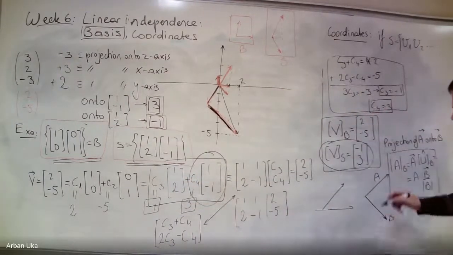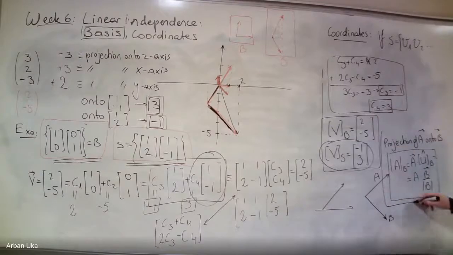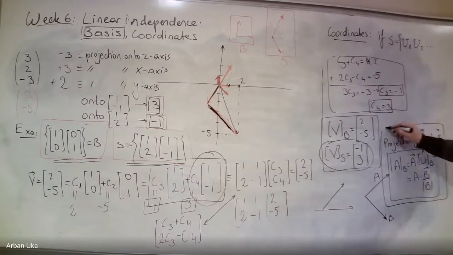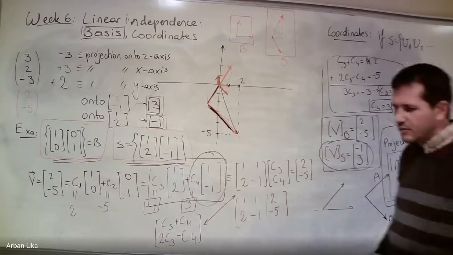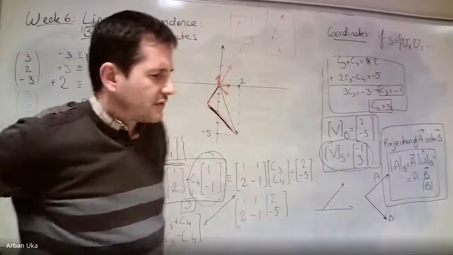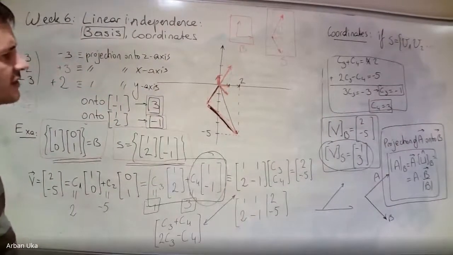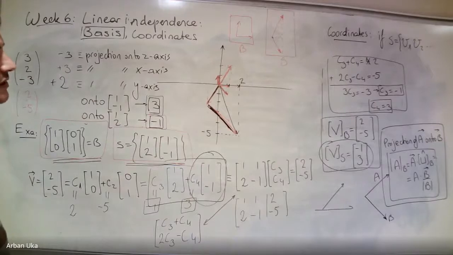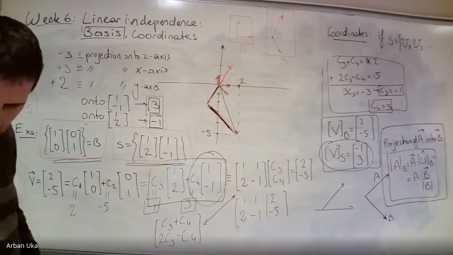But as a reminder that you did to me, the formal projection of any vector A onto the direction of some other vector B is how we would define it, as shown on the board.